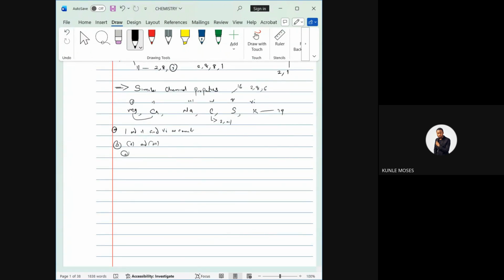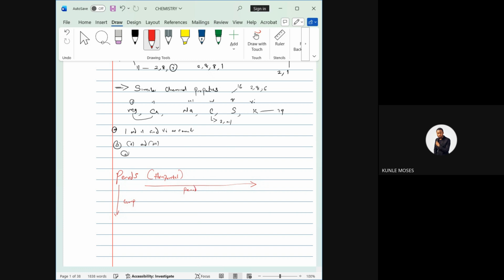So let's go to periods. Periods, in case they ask you, are horizontal. We call it across the period. Across simply means you are moving to the right or to the left. When we say down, it simply means group. Period simply means across.